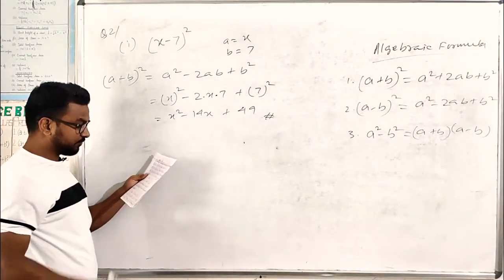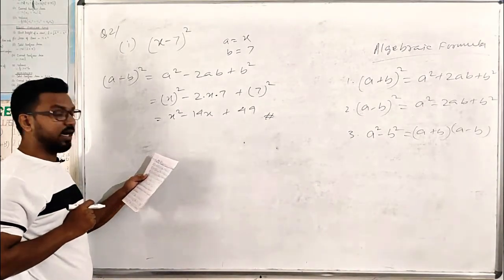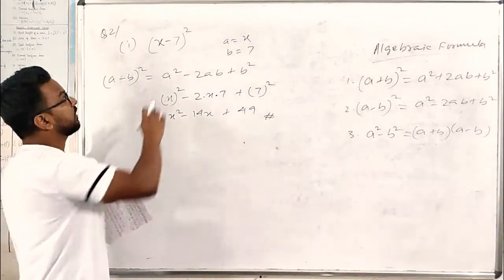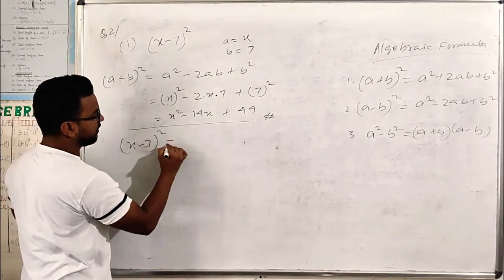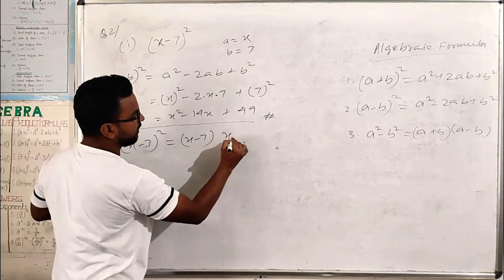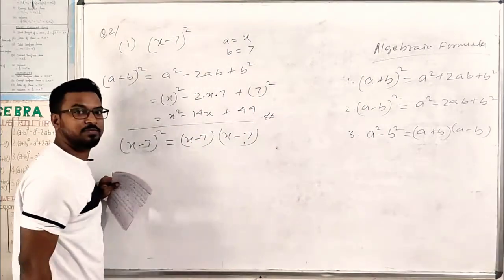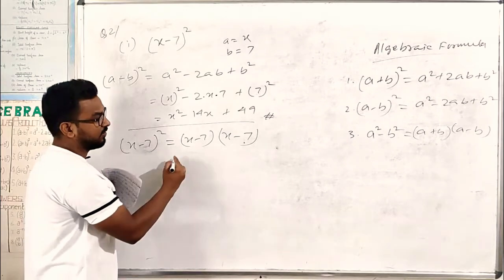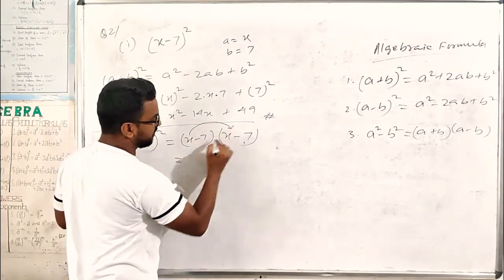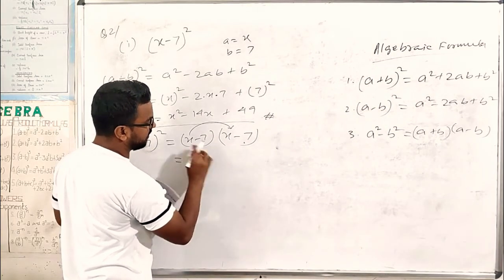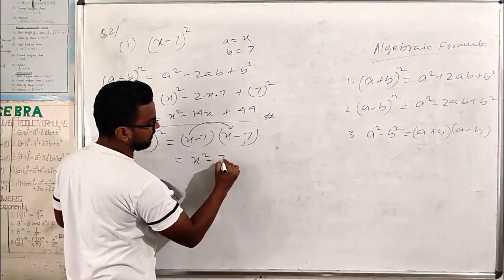Now it is saying to verify the result by direct multiplication. Direct multiplication means x minus 7 whole square can be written as x minus 7 into x minus 7, right? Same thing, right? So by direct multiplying, how will we multiply? First you multiply this one with this: x into x, x square, minus x into 7, that is 7x.